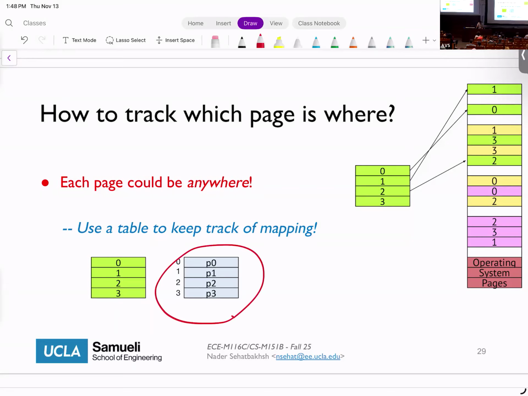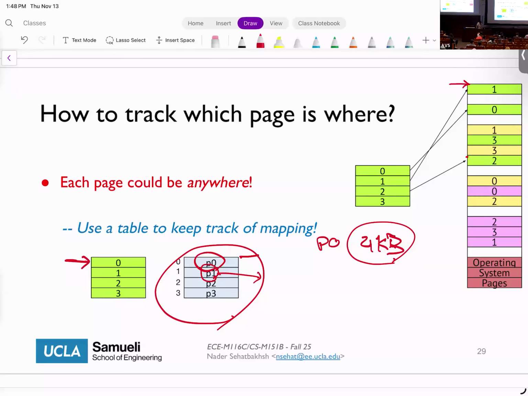So I will have this table called the page table that basically says that the beginning of page 0 is at address P0. It's just one address, okay? And I know that whatever P0 is, the next 4 kilobytes is the addresses that belong to page 0, okay? Then I store another pointer P1, and this pointer belongs to here.